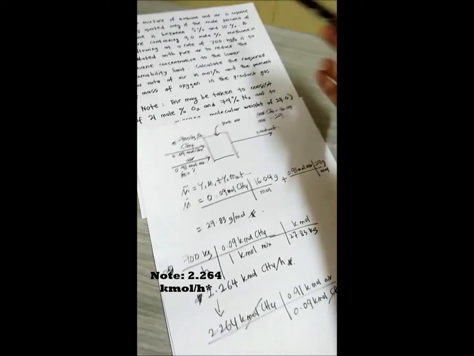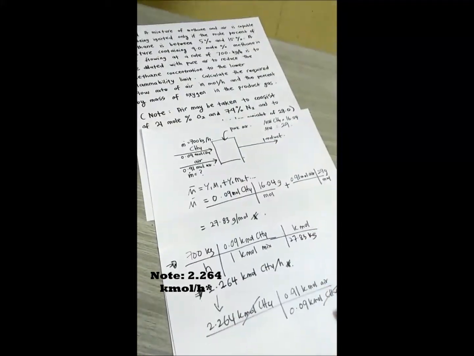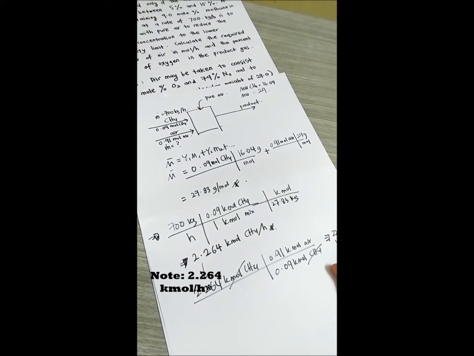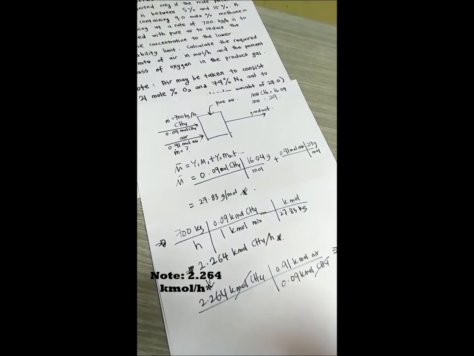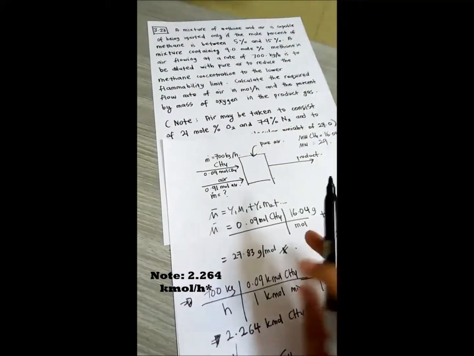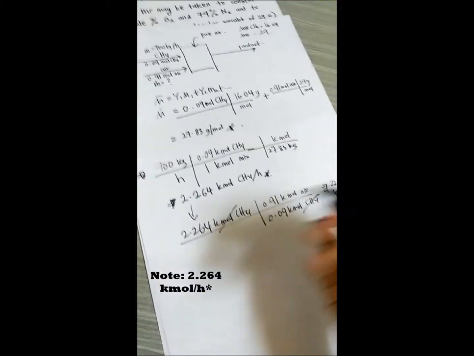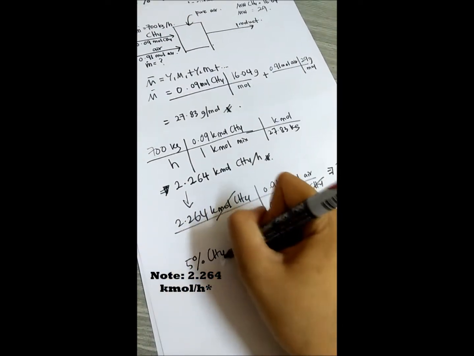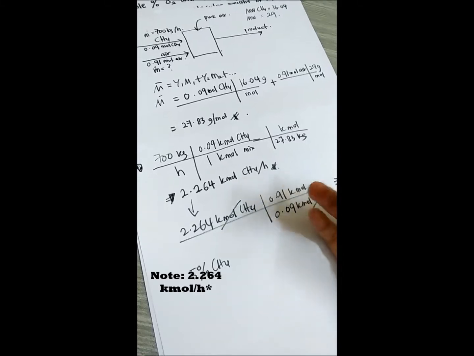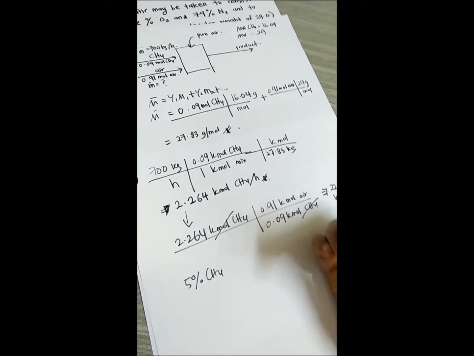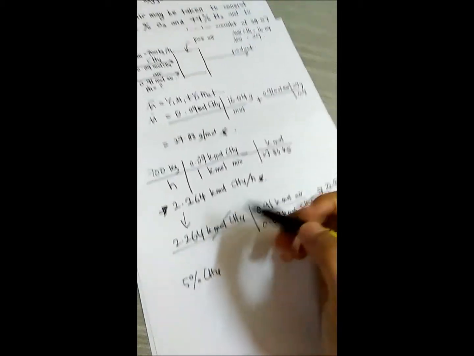Next, it is said that for methane to be ignited, the mole percent of methane must be between 5% and 50%. So we take the minimum value, 5% methane, and calculate how many moles of air per hour are needed for this 5% of methane.